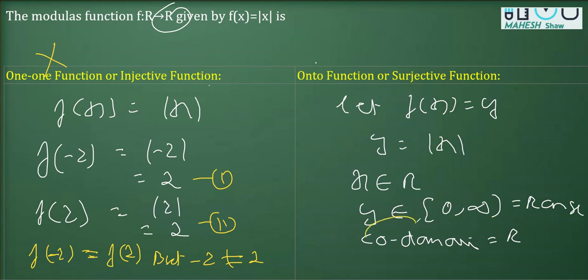That's the range, and the codomain is R. So therefore, we say that it is not onto, as the range is not equal to the codomain. For negative values, there are several numbers in the codomain, negative particularly, which are not the image of any element in the domain. Therefore, this is neither one-one nor onto.